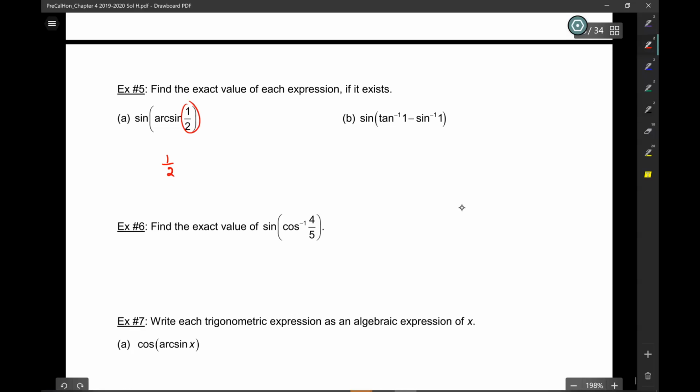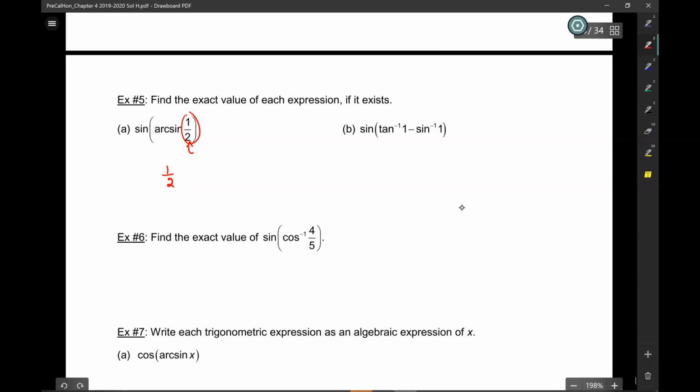One pitfall though: you have to make sure that this is defined. So if I said sine of arc sine of 2, can't do that because you can't have arc sine of 2. You would just say out of domain or not possible or no solution.